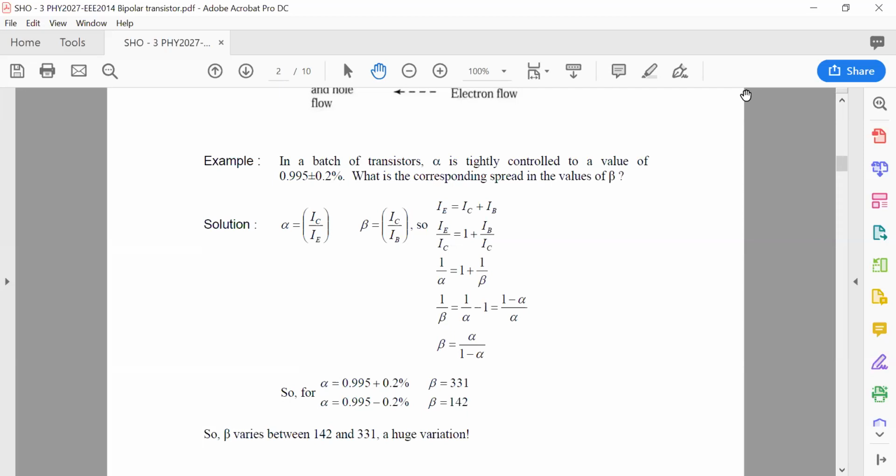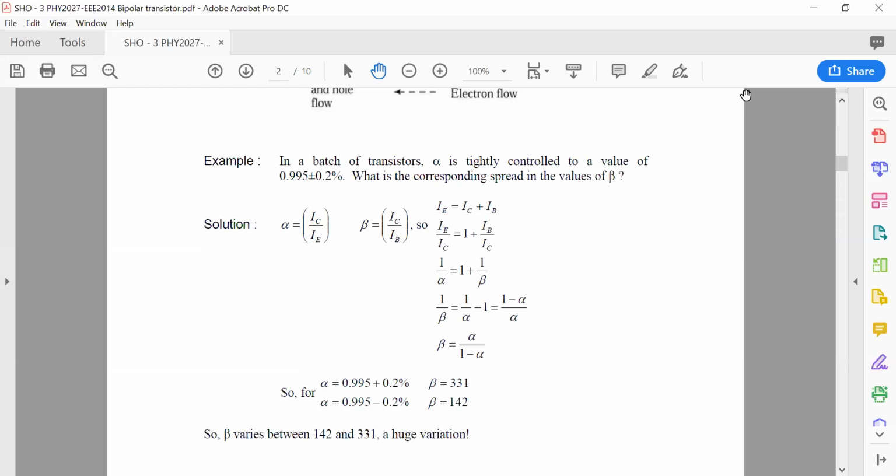This is simply an example showing you what effect the spread of gains can have when you're trying to design devices, because remember there are billions of these transistors on a single chip.